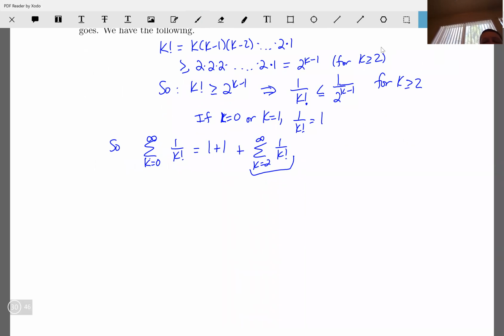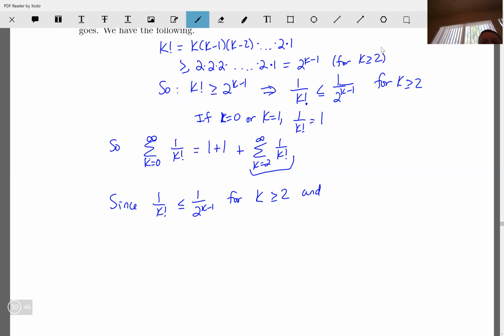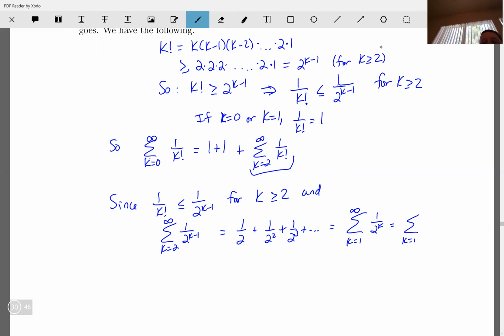Well, here we go. So since 1 over k factorial is less than or equal to 1 over 2 to the k minus 1 for k greater than or equal to 2, what do we know about this guy? Well, this is 1/2 plus 1/2 squared plus 1/2 cubed plus, which we can look at as summation k going from 1 to infinity, 1 over 2 to the k, which we can also look at as 1/2 to the k.